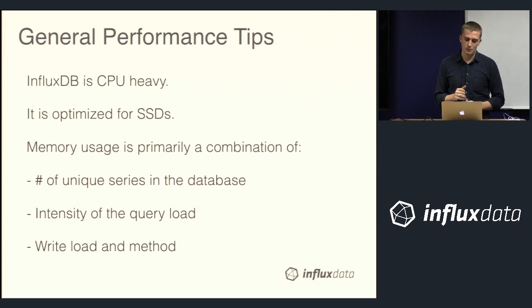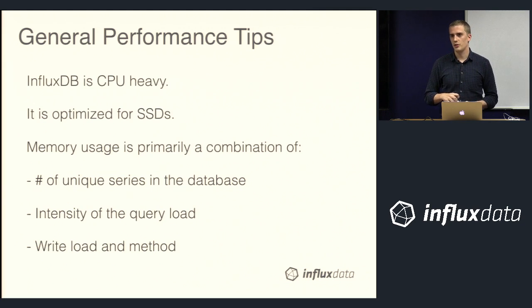The next contributor to memory usage is going to be queries and the intensity of your queries. The rule of thumb is that group by queries use more memory than regular queries. So if you're doing a lot of group by queries, which Grafana will do by default, it will use more memory.